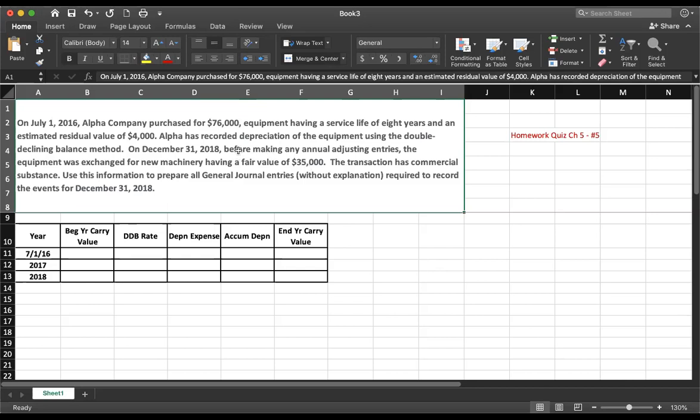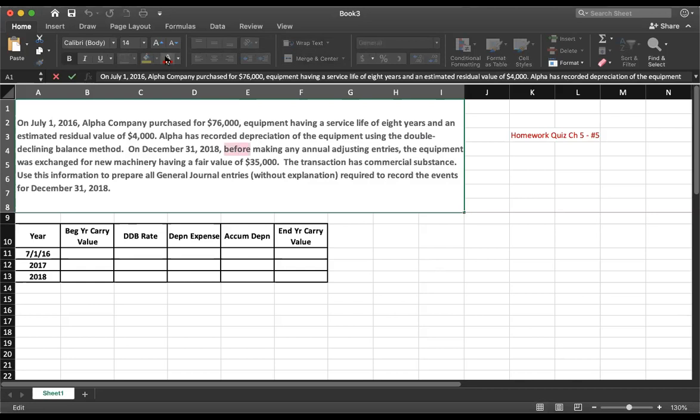Let me emphasize this phrase, before making any of the adjusting entries. They sold or exchanged the piece of equipment for new machinery that has a fair value of $35,000. The transaction has commercial substance.